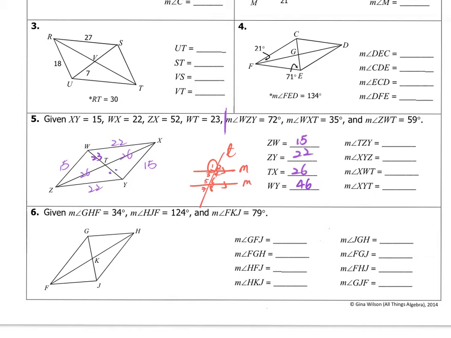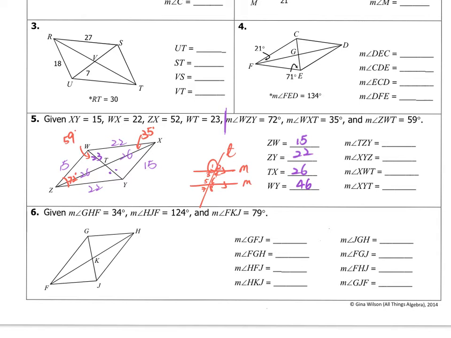So let's see. I have WZY. So this whole angle is 72 degrees. I have WXT, which is half of this at 35 degrees. And I have ZWT. ZWT is half of that there, and that's 59 degrees.